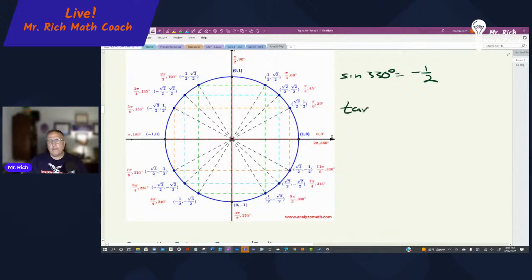And let's not forget that when we're talking about tangent of theta, we're basically using the trig identity that tangent is sine over cosine. But I know that sine is the y coordinate and cosine is the x coordinate. So although my tangent function is not listed here on the unit circle, I obtain it by dividing the y coordinate by the x coordinate. Since all the denominators are 2, I only need to work with the numerators.